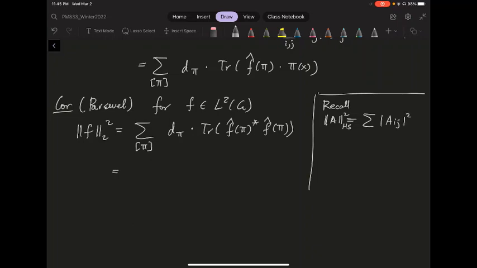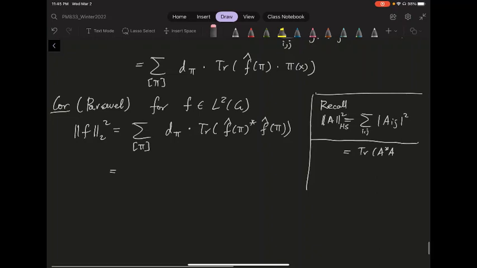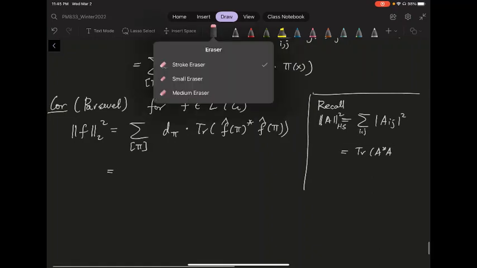So you treat A as if it's in the R to the n squared dimensional space, as a vector, with the norm as in the L2 of that space. This is called the Hilbert-Schmidt norm, and it is actually just equal to the trace of A star A. So they are in fact the same.